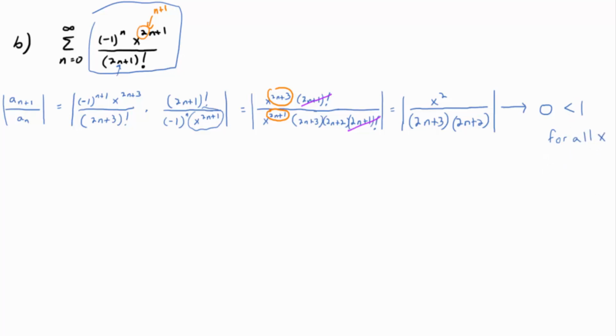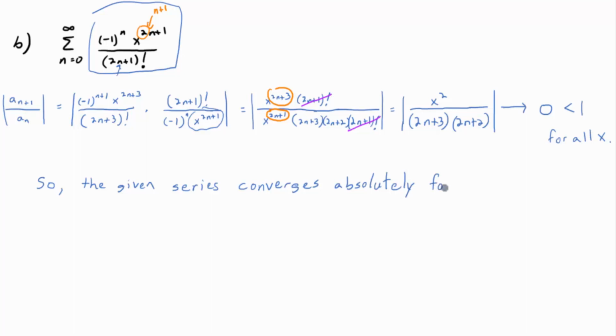For all x. So what can you say about the series? You could say the given series, if you don't want to write out the series, does what? Converges absolutely. I usually just use converges. But if you want to say it is true, it converges absolutely.